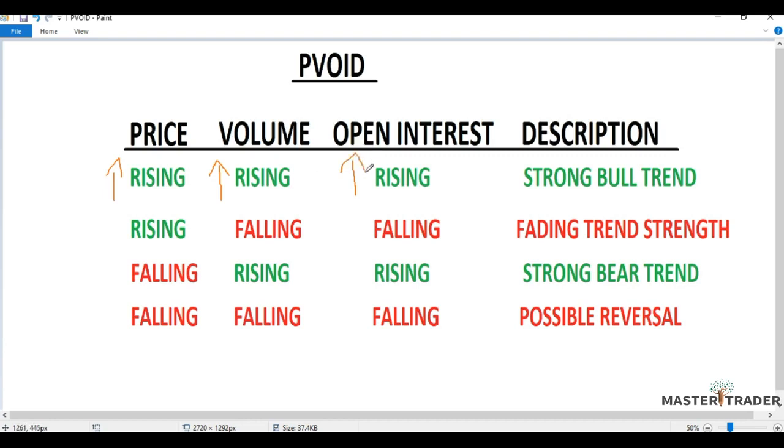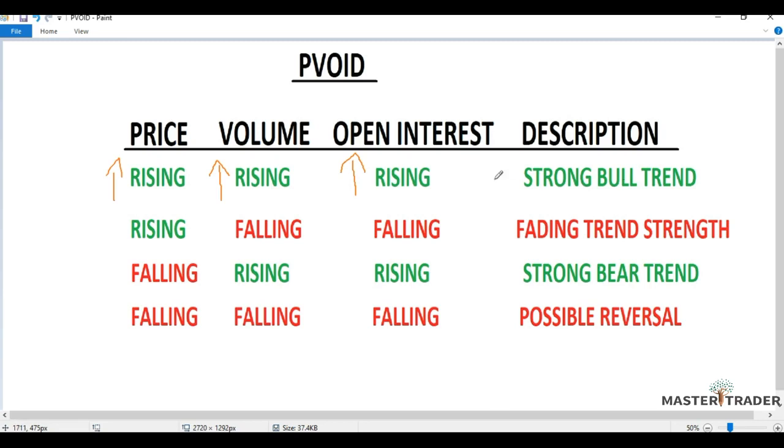Price is in a bullish trend, volume is also going up, so there's good buying pressure, and the open interest is also rising, the interest in that contract is rising. When we have these three things put together, that indicates a strong bull trend.